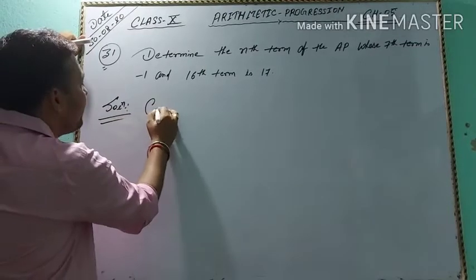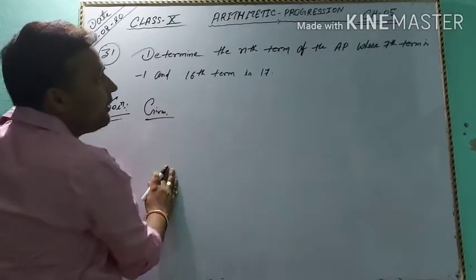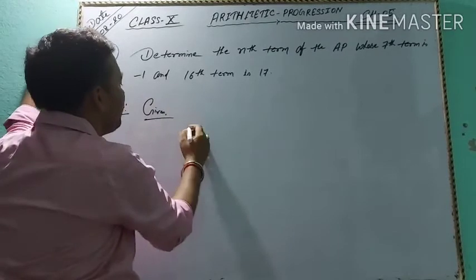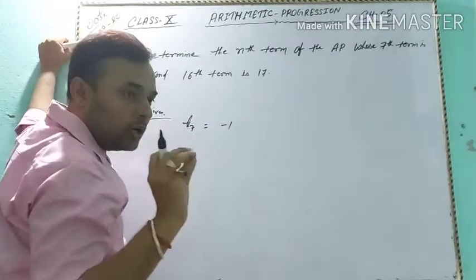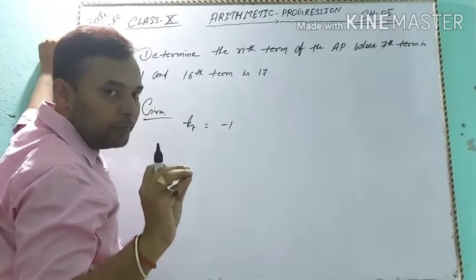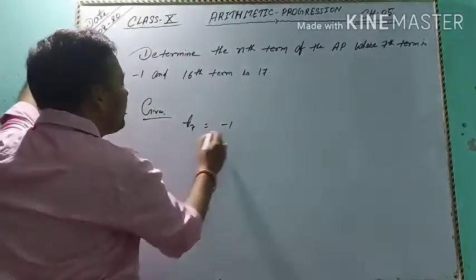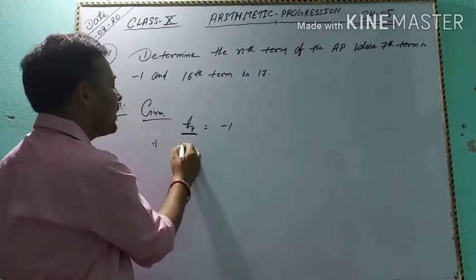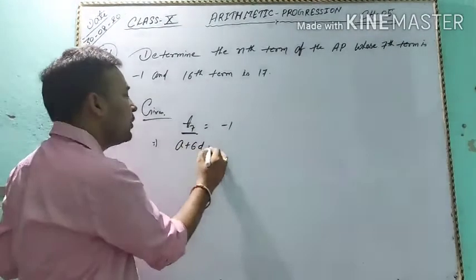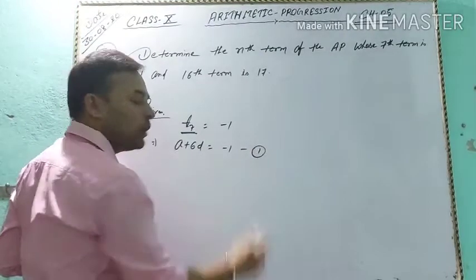For students, given: 7th term is minus 1, T7 equal to minus 1. a is the first term and d is the common difference. T7 को हम लोग क्या लिख सकते हैं, a plus 6d equal to minus 1. This is equation 1.